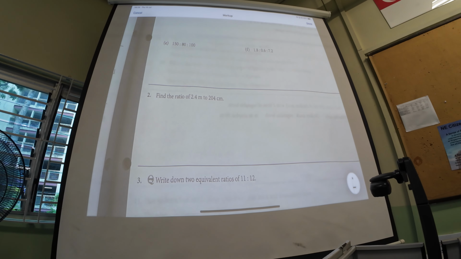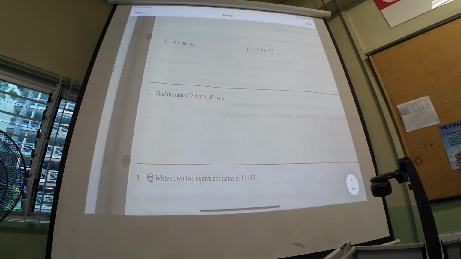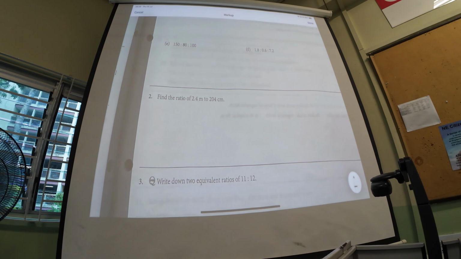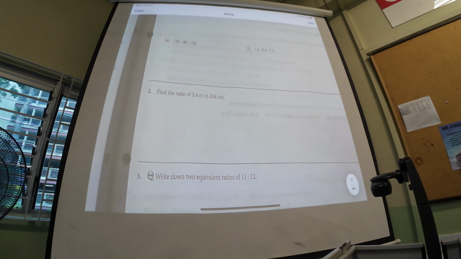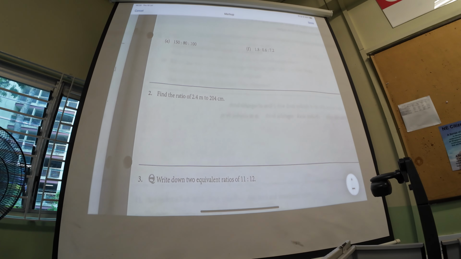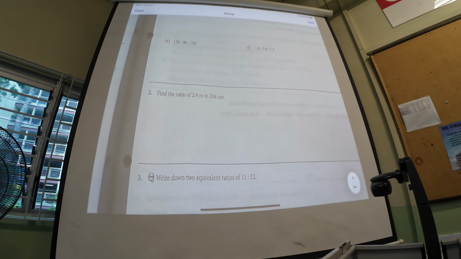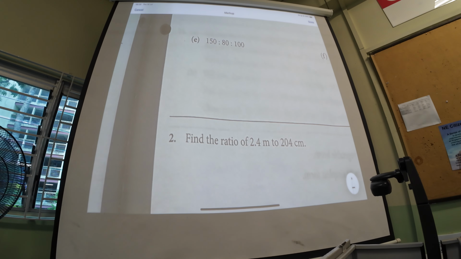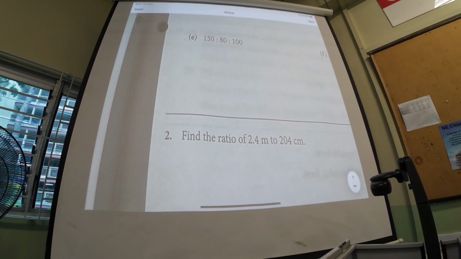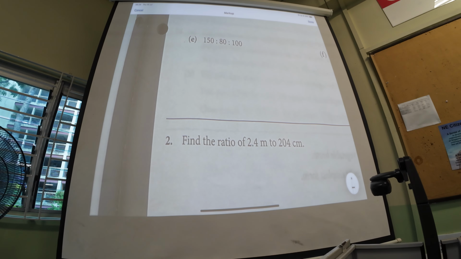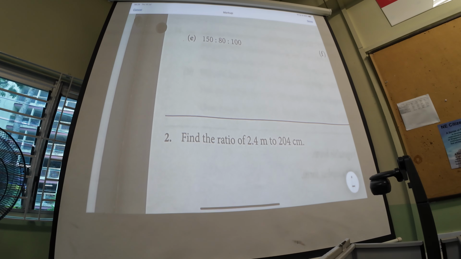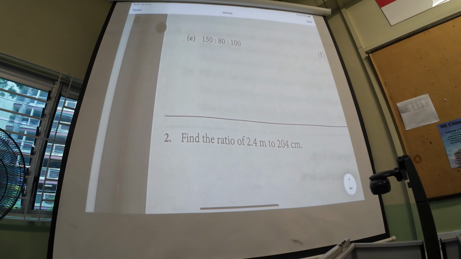Let us continue from where we stopped yesterday. Yesterday we started talking about what is ratio. Ratio is the comparison of two quantities. Okay? Then there are a few rules about ratio. There is no unique one at the simplest form because we can only compare the same measurements.